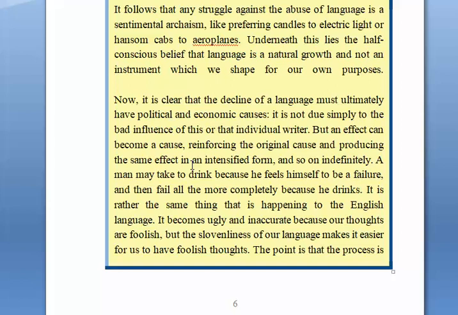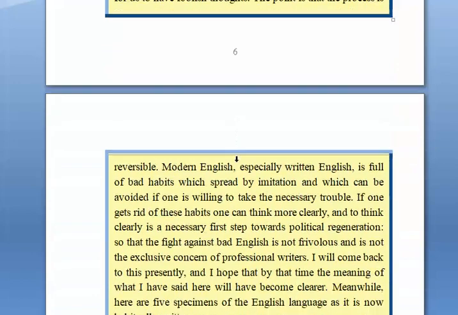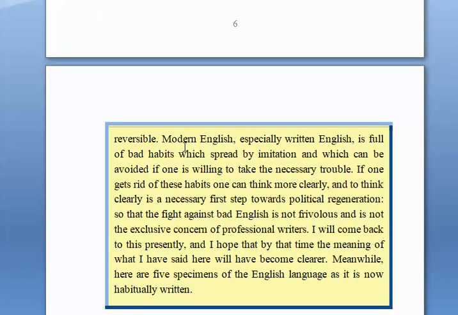It becomes ugly and inaccurate because our thoughts are foolish, but the slovenliness of our language makes it easier for us to have foolish thoughts. The point is that the process is reversible. Modern English, especially written English, is full of bad habits which spread by imitation and which can be avoided if one is willing to take the necessary trouble.